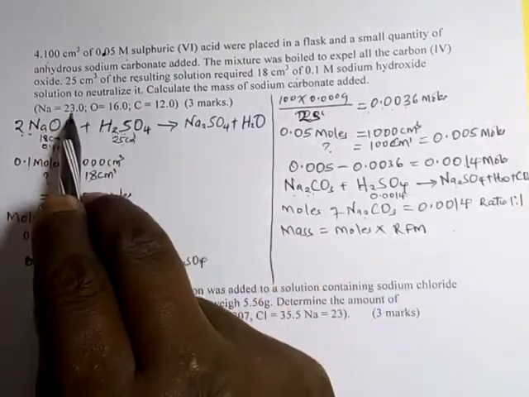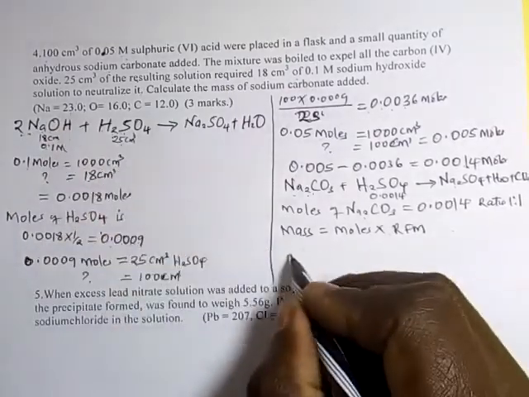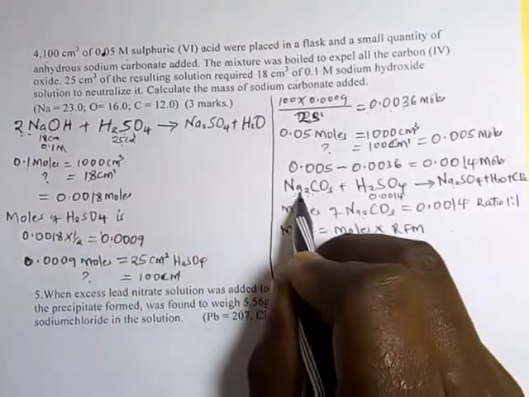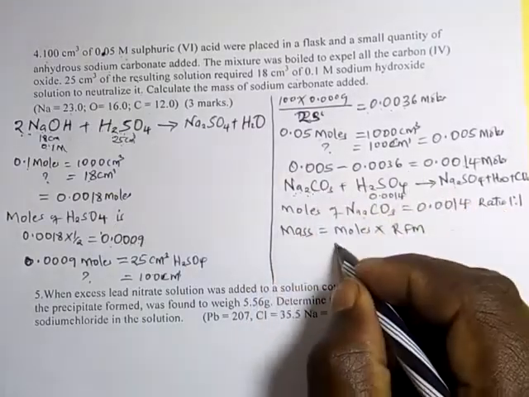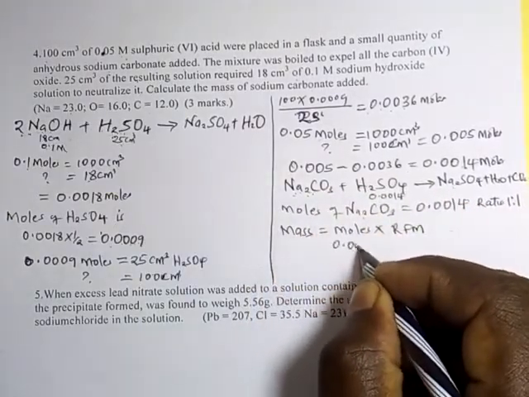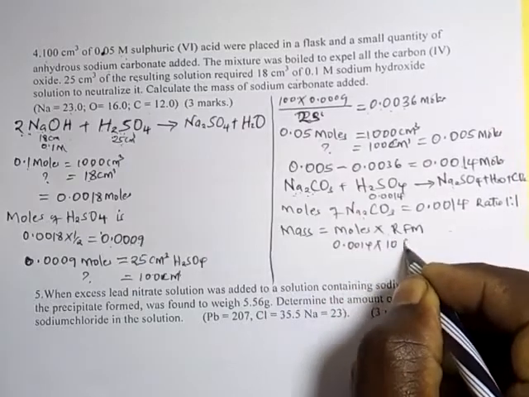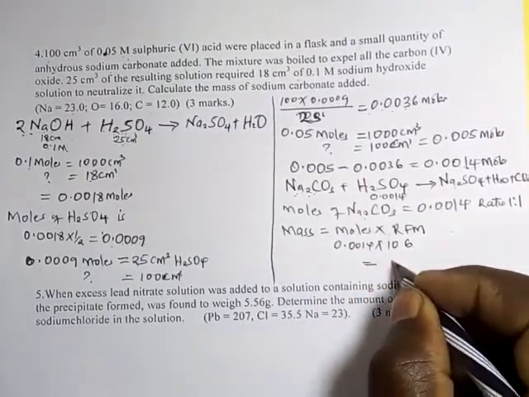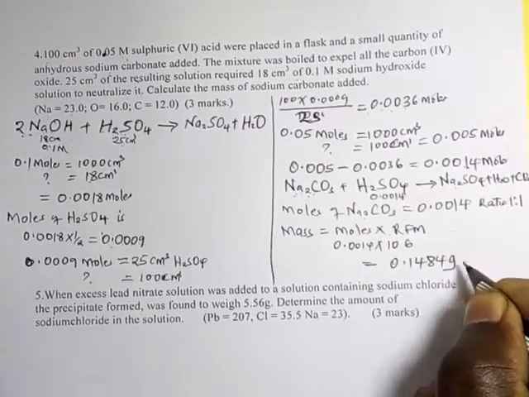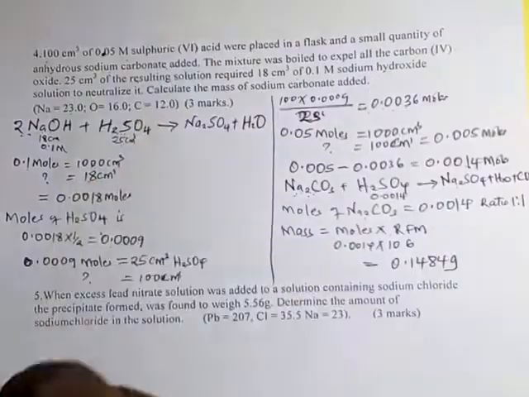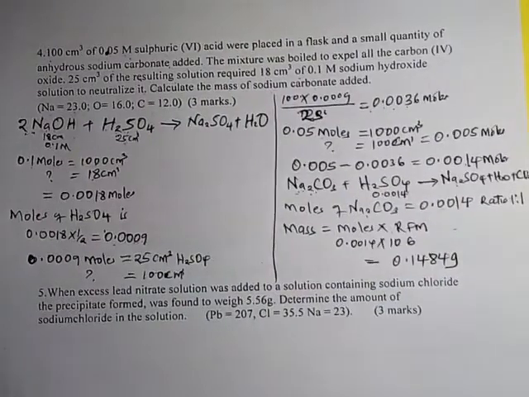Therefore, sodium is 23, so 23 times 2 is 46, plus 12, 60, plus 48, 108. Therefore, 0.0014 times 106 will give us 0.1484 grams of sodium carbonate that was used.